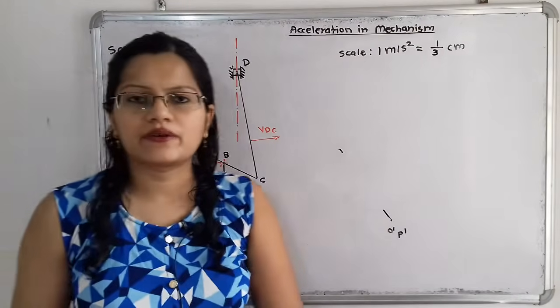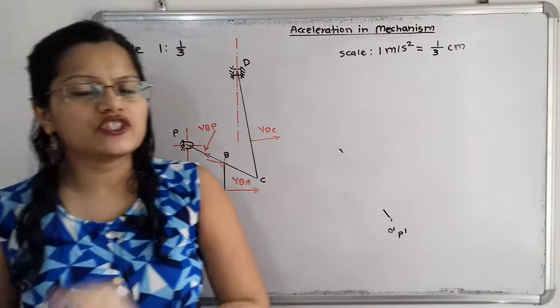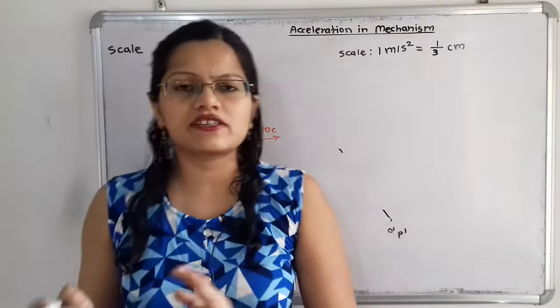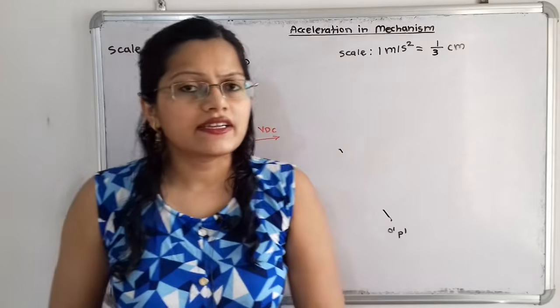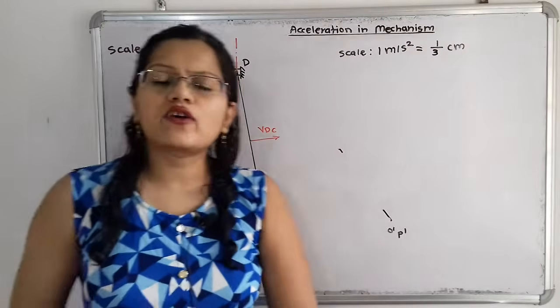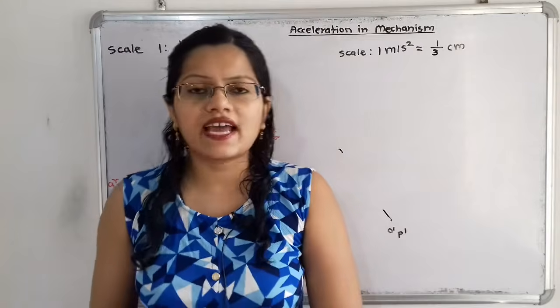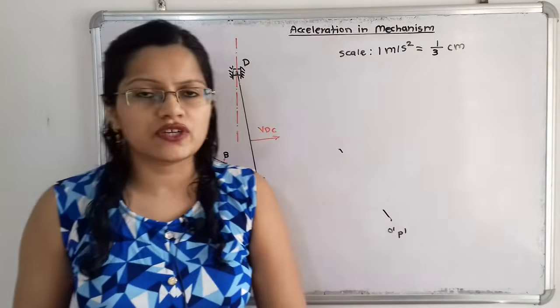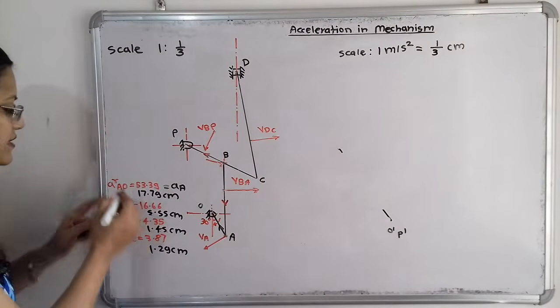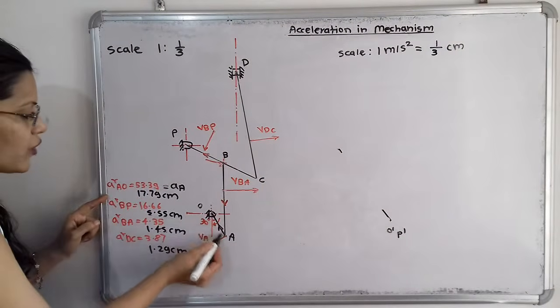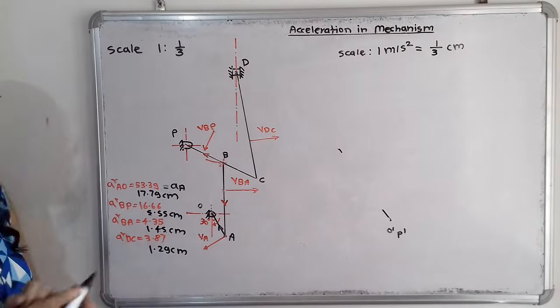If we observe the question, for this crank the angular acceleration alpha is not given. So we will consider that the crank is rotating at constant speed, and that's why the tangential component of acceleration will become 0. So the radial component of acceleration for this crank OA is nothing but the total acceleration.